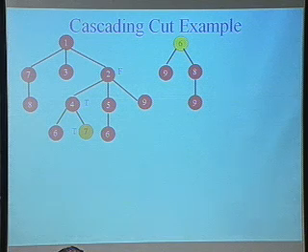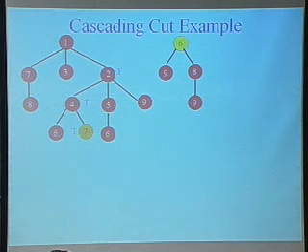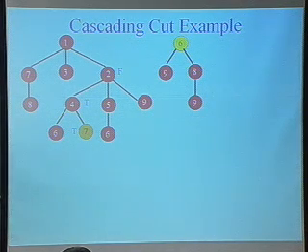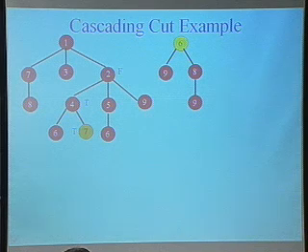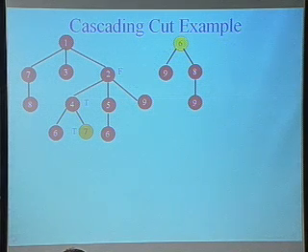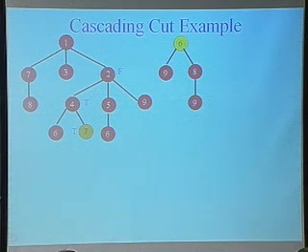But if you allow it to lose an arbitrary number of children, then the amortized complexity is no longer order 1 for the decrease key or logarithmic for the arbitrary remove. So it's all got to do with being able to prove a desired amortized complexity. All right, any other questions on the child cut or the cascading cut operation?